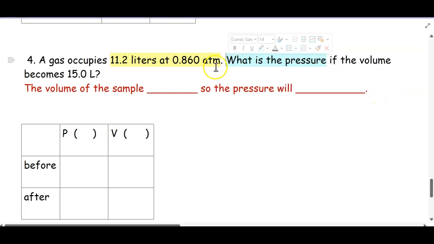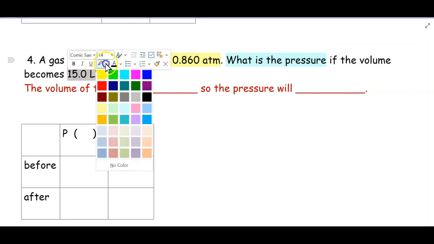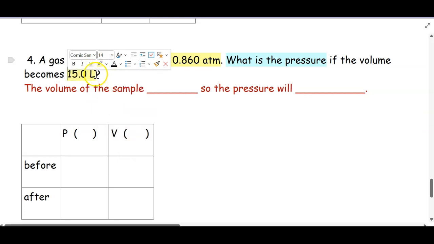If the volume becomes 15 liters. Now we're beginning to say, oh, I know that's volume, because if it has liter for a unit, it must be. Now, I want you to figure this out. What happens to the volume of the sample? And so what should happen to the pressure, the thing we're looking for?